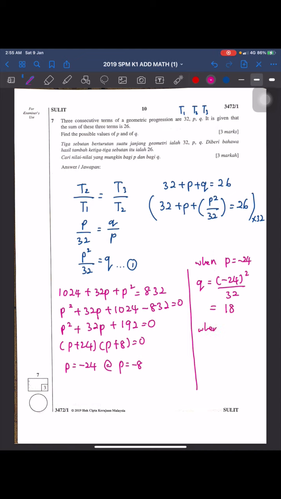When P is equal to negative 8, Q kita akan dapat negative 8 square over 32, dapat 2. So untuk soalan ni mudah saja, tak susah. Cuma jangan careless lah.